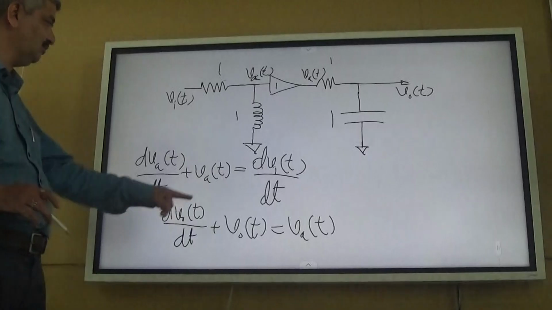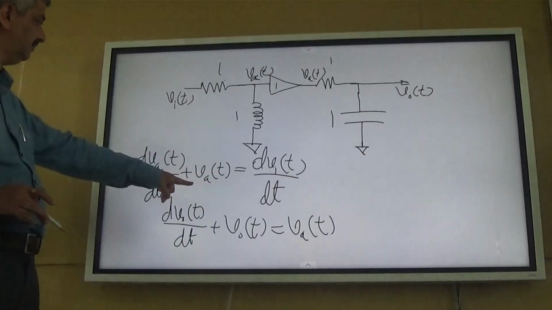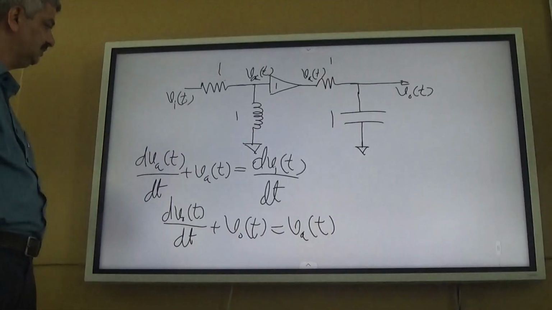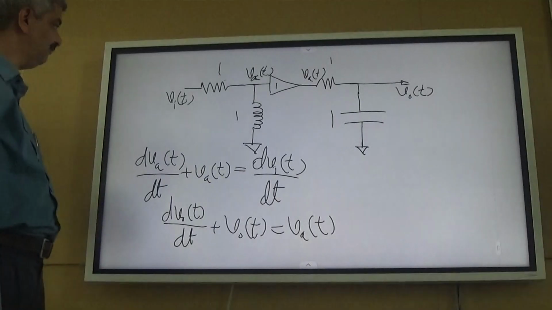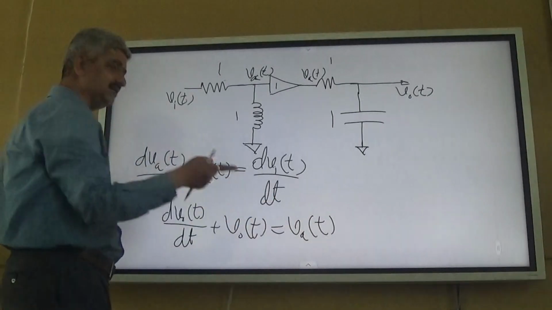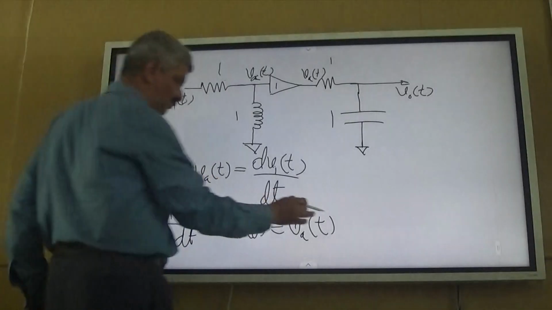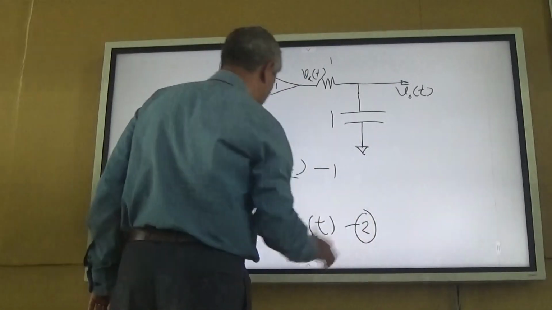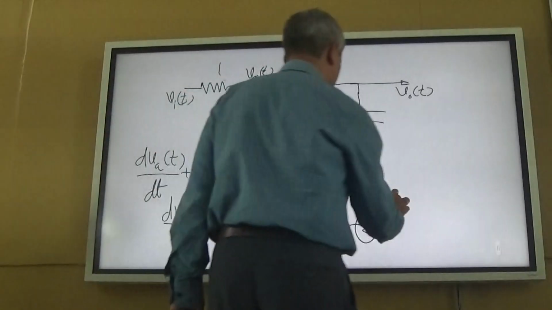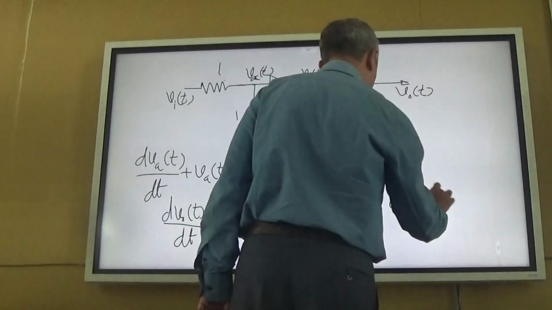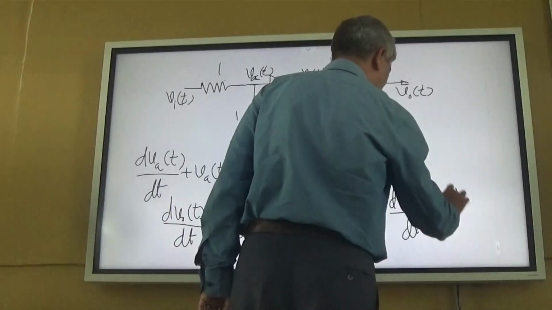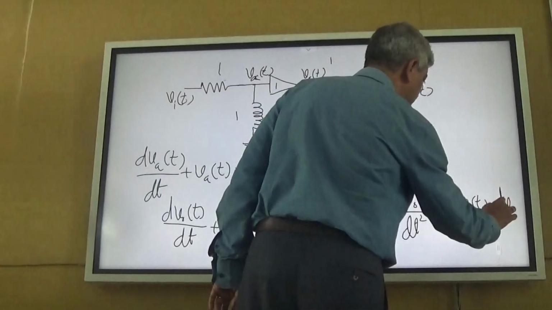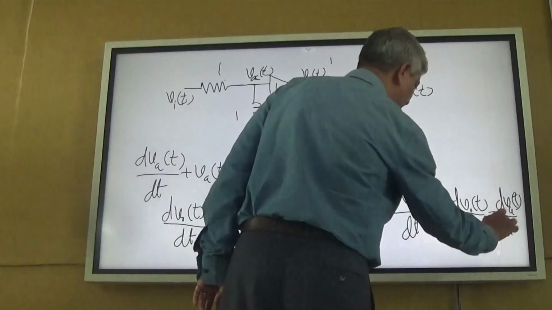Now, in the second equation we don't want VA, so how do we proceed further using these two equations? If we put this here, differentiate the second. This is 1 and this is 2. When we differentiate the second, we get d2VO(t) upon dt square plus dVO(t) upon dt is equal to dVA(t) upon dt.